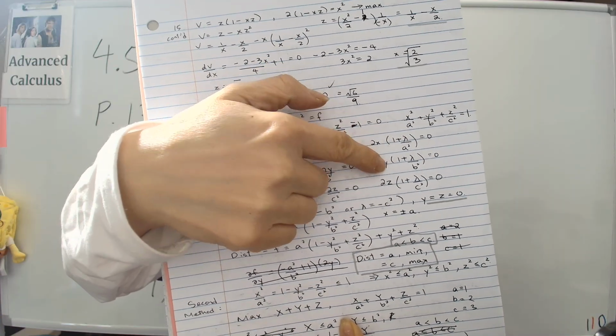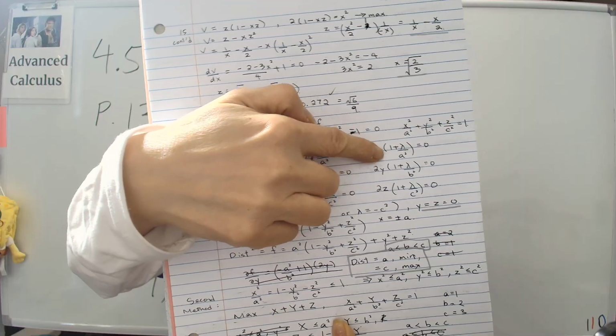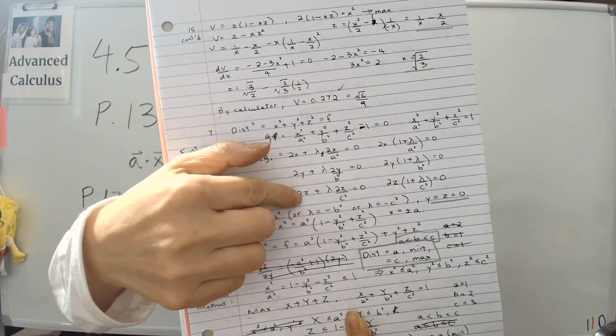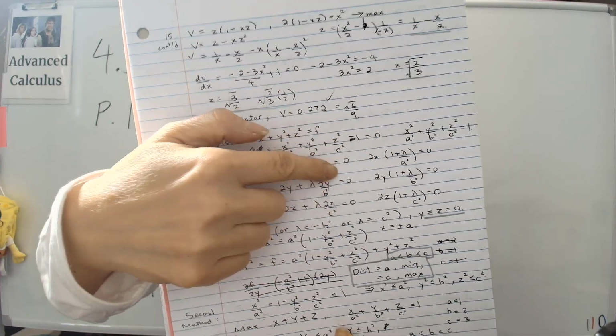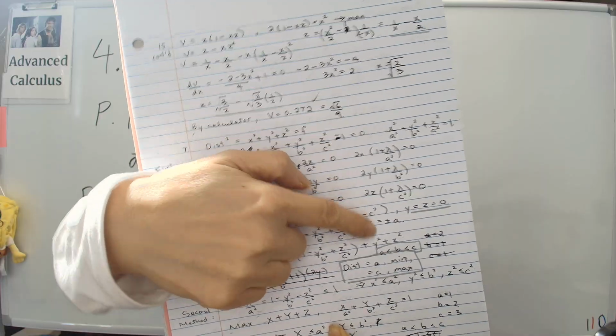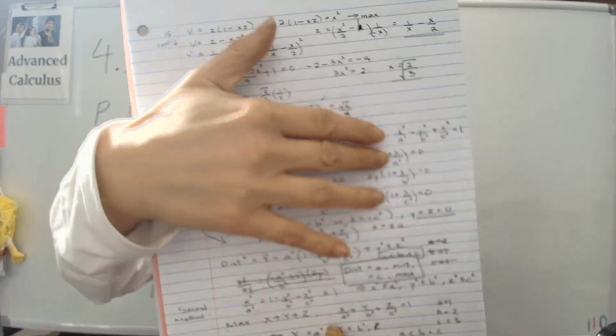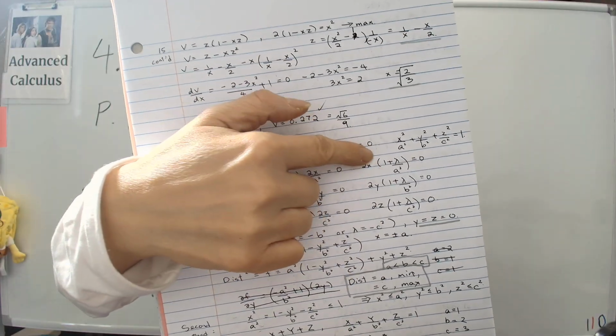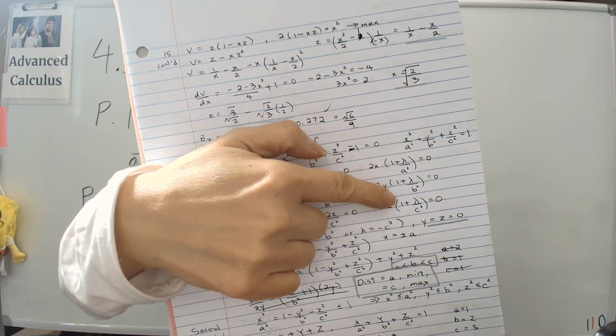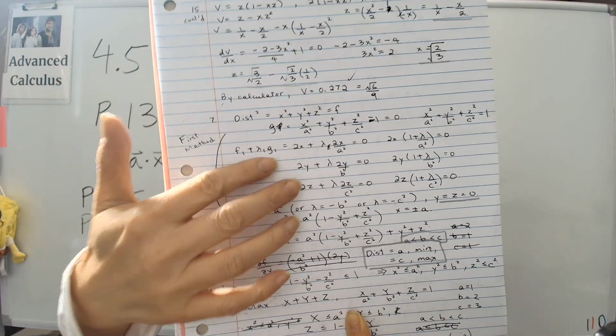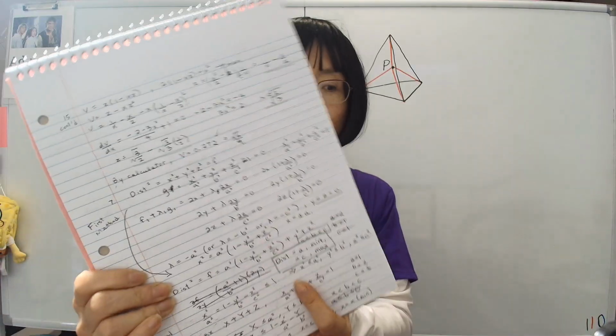Either way, if they're not the same, lambda can't equal those other values too, which means that y and z have to be 0, because lambda equal to that cannot be equal to the others.